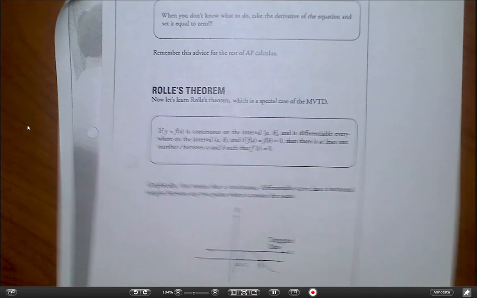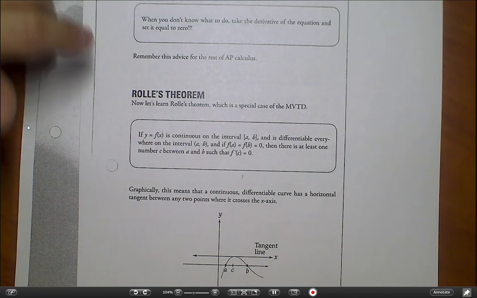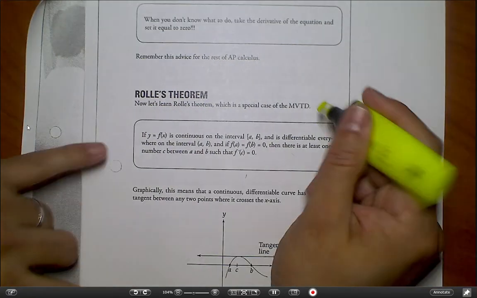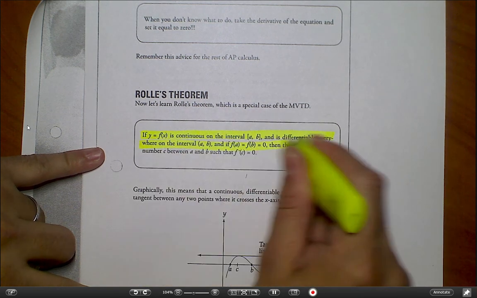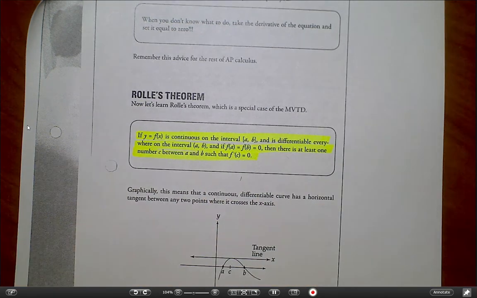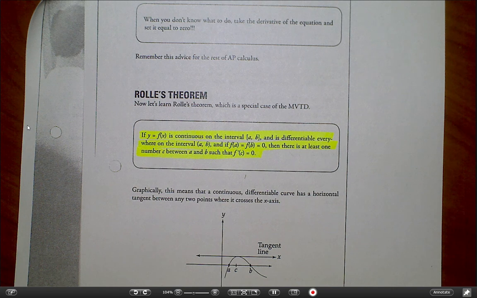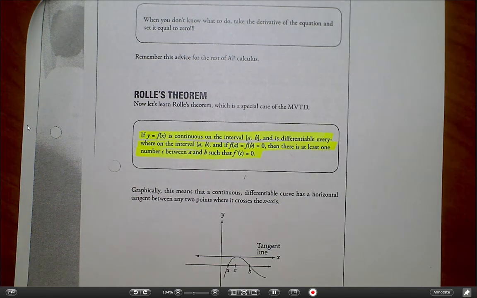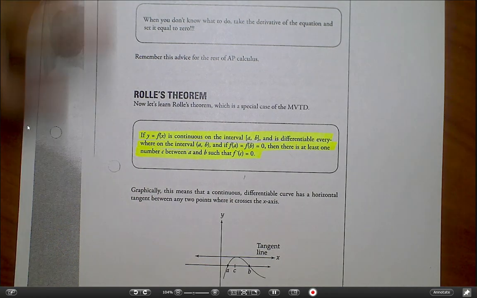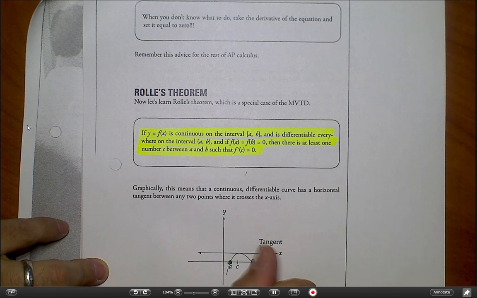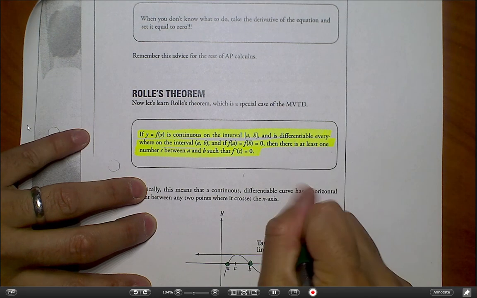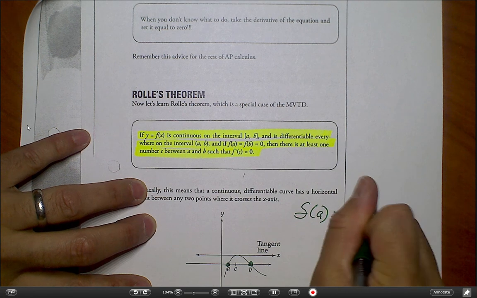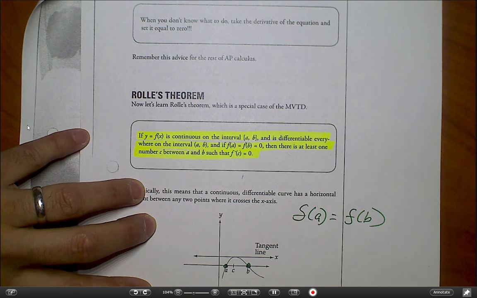All right, next one, Rolle's theorem. Rolle's theorem is a special case of this. It means that my endpoints are at the same location, so f of a is equal to f of b.